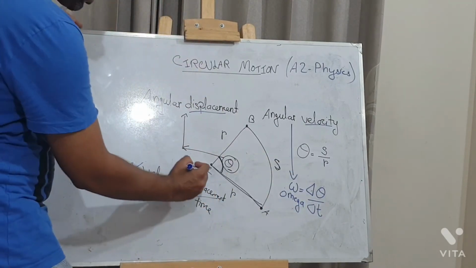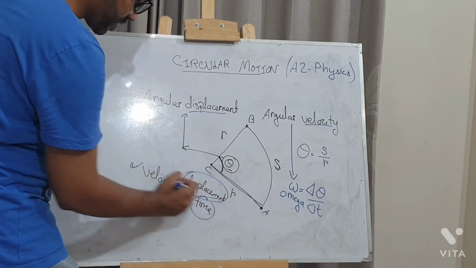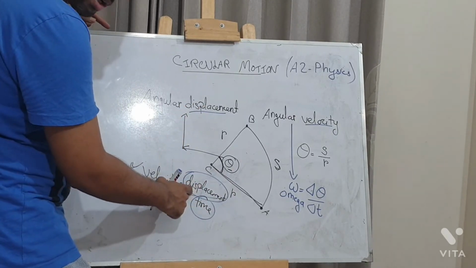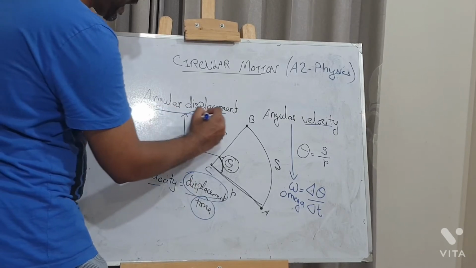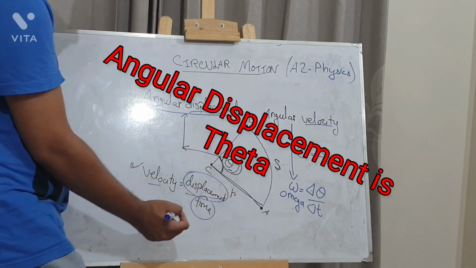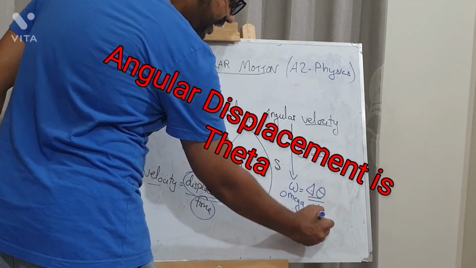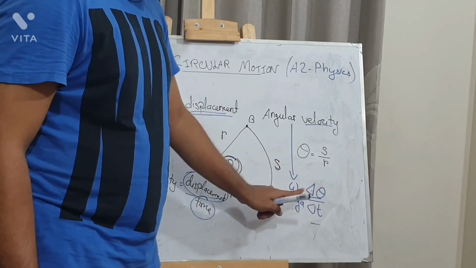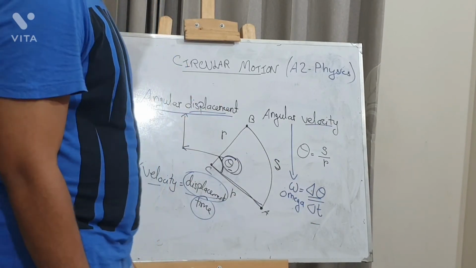The same as displacement divided by time was velocity. When we are talking about angular velocity, we are again talking about displacement, but this time angular displacement. Since angular displacement is measured in terms of theta, delta theta divided by delta t, which is the rate of change of angular displacement, gives you angular velocity.